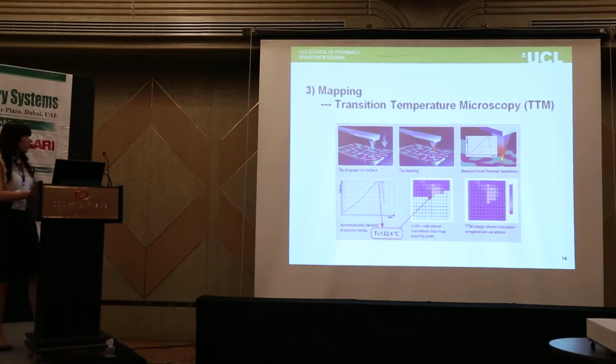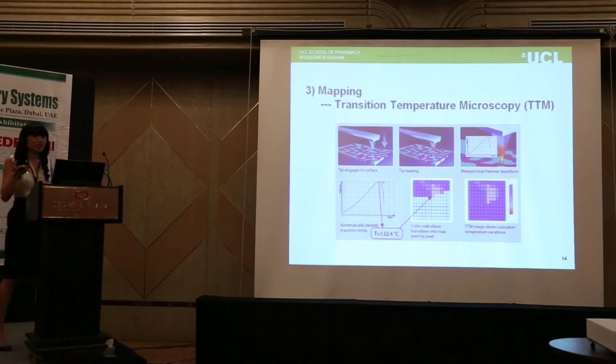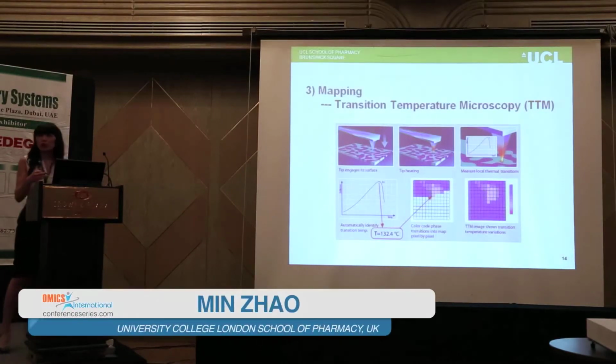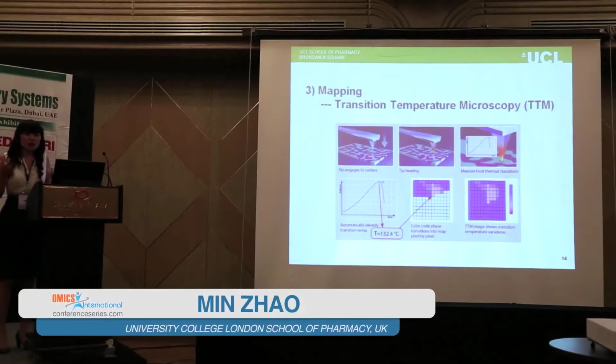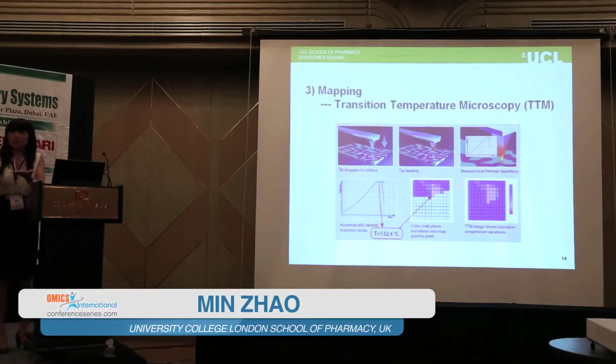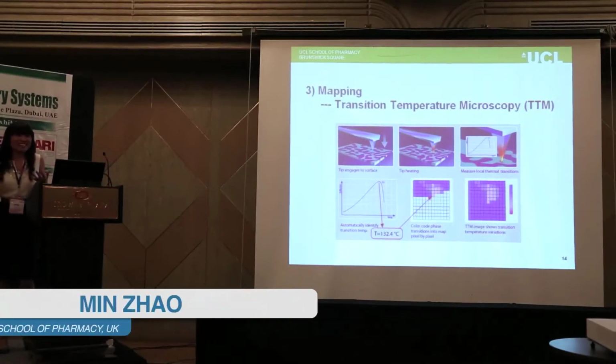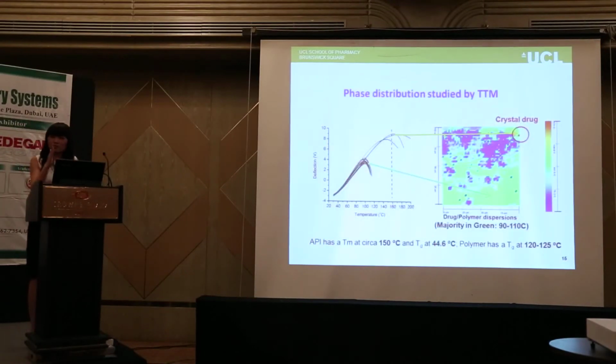For example, say the blue color is quite a low temperature, 60 degrees, and the red color is high, 200. So at the end of the TTM experiment, you can generate a color-coded map, which can tell you directly what the different phases are. I hope that makes sense. Okay, those are the three serious techniques that are the core of my talk.